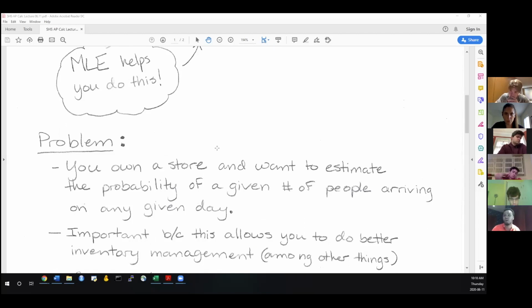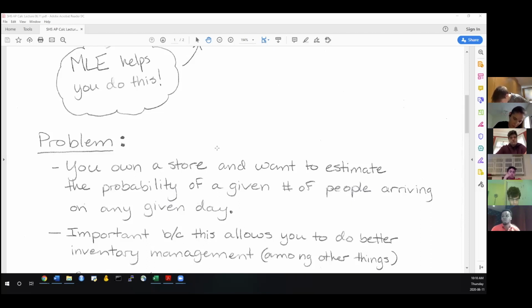You might have to throw out any extra units you have at the end of the day, and then at the beginning of each day you might have to order a set of units to keep at your store, in anticipation of people arriving. So having this information would also, in addition to allowing you to estimate how much revenue you'll generate, help you know how much product you need to keep in the store available to customers as they arrive.